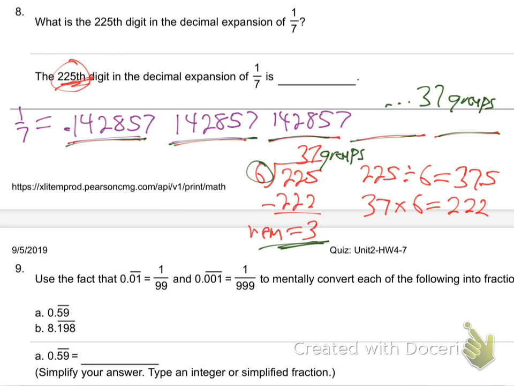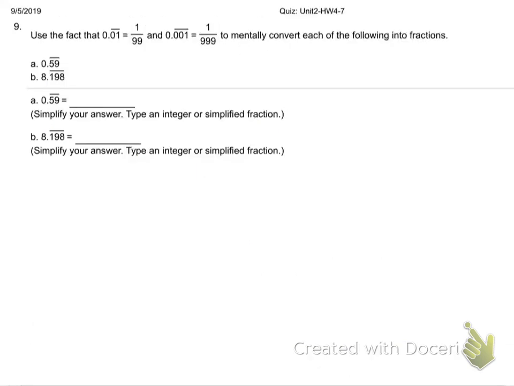So in the very last group, we start the 142857 thing, and we only go into it how far? 3 in. 142. 2 must be the last digit because we go to the third spot in the last group of 142857. So it's a 2.